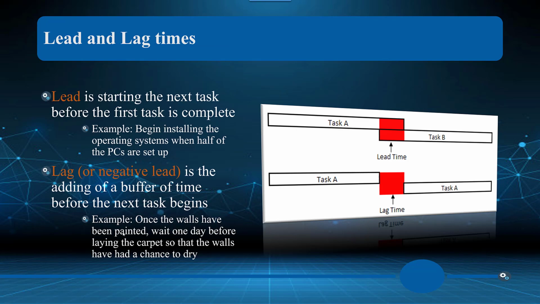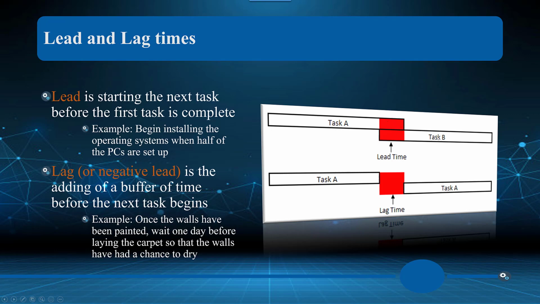So that brings us into that idea of creating some additional time that can be included in our project for risk, okay? And two ways of doing this are lead and lag, or negative lead. Lead is starting the next task before the first task is complete. So if you notice, we have some lead time here.